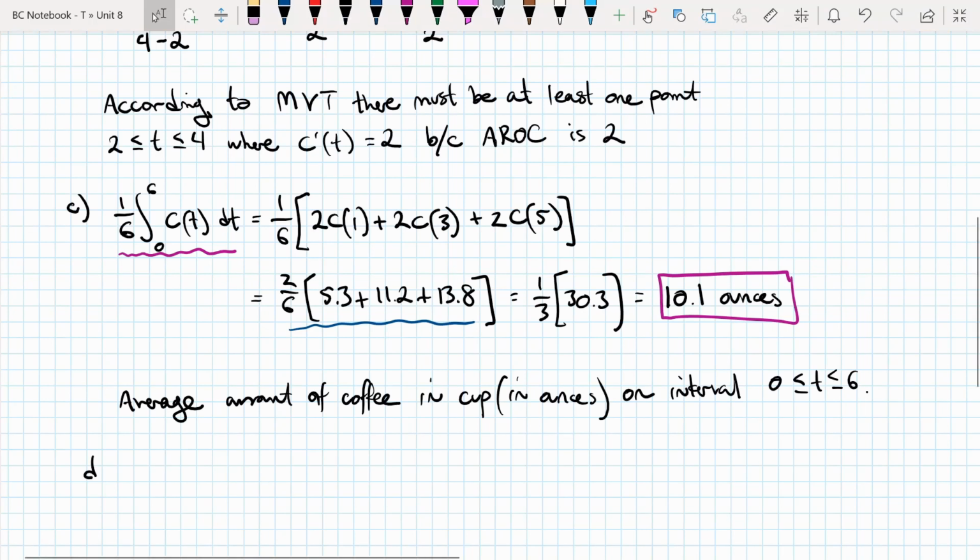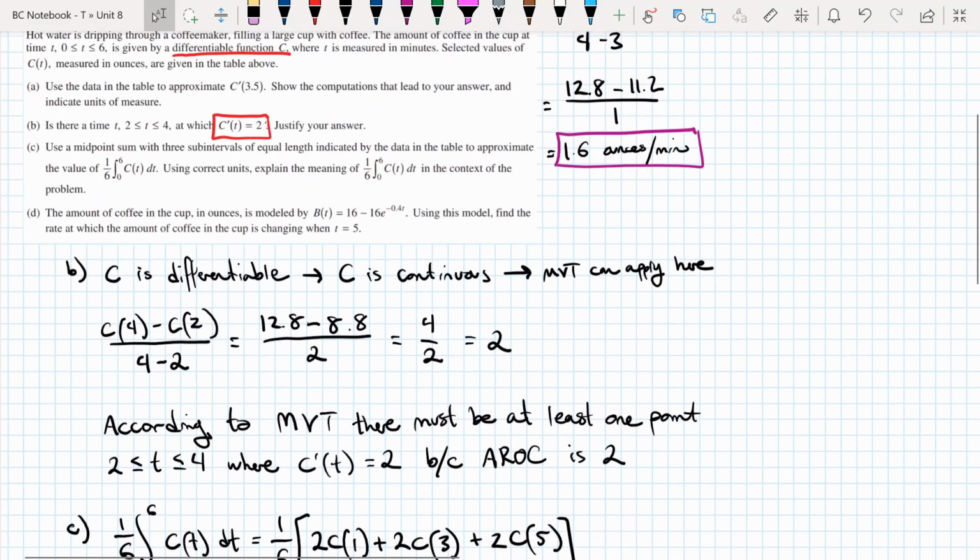All right, almost done with this first FRQ. So letter D wants us to use this new function. Let's say the amount of coffee in the cup in ounces is modeled by this function here. We want to find the rate at which the amount of coffee in the cup is changing when t equals 5.